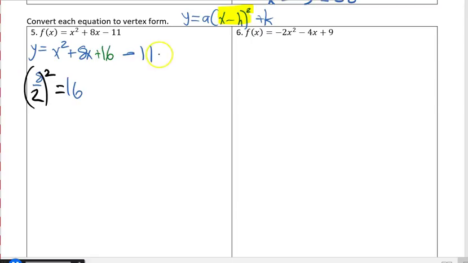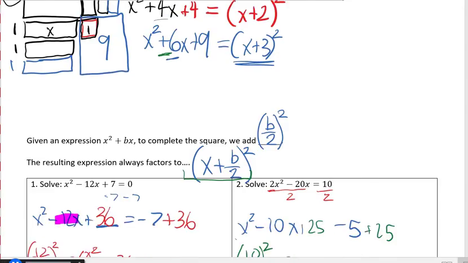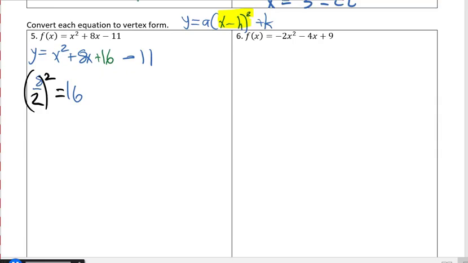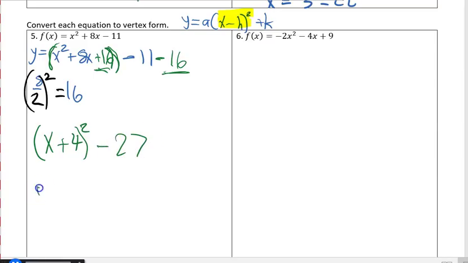But if I add 16 and I subtract 16 from the same side of the equation, then I added 0, right? The total value of plus 16 and minus 16 would be 0. But the reason for adding the 16 is now I can group this part together, and that's a perfect square, and that equals x plus 4 squared. And then outside the parentheses, I do negative 11 minus 16, and that's negative 27. So now I have my quadratic in vertex form.